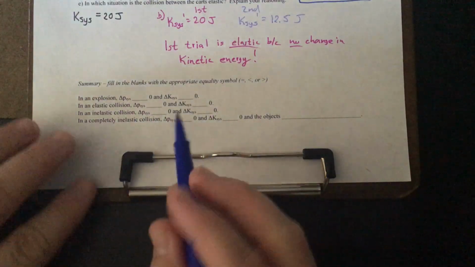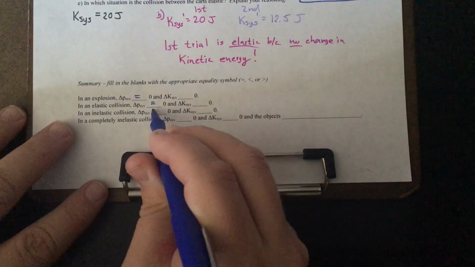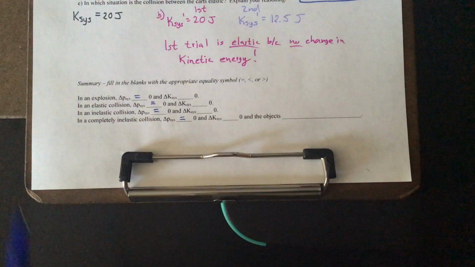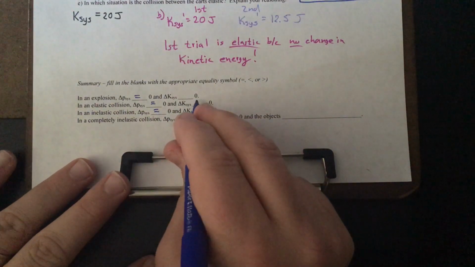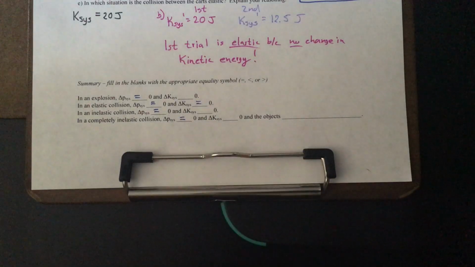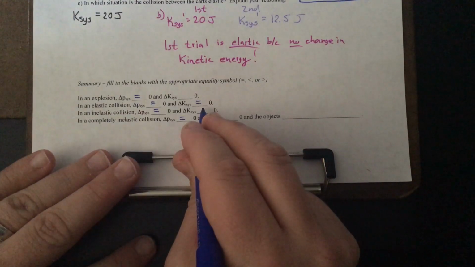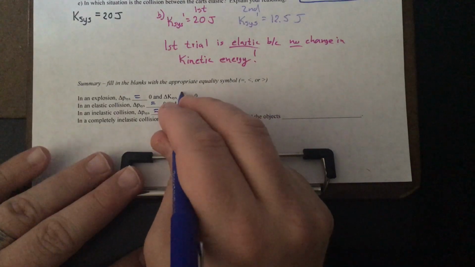All right, so in all of these situations, momentum is conserved, meaning there's no change in the momentum of the system. So delta P system then would be equal to 0. And in an elastic collision, there is also no change in kinetic energy. In an inelastic collision, we lose some kinetic energy, so delta K will be negative, but in an explosion, we gain it.